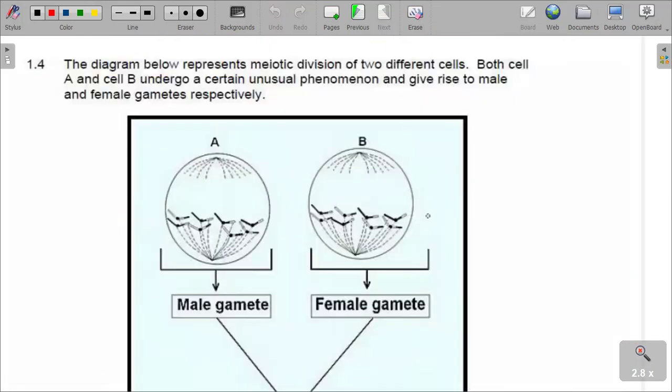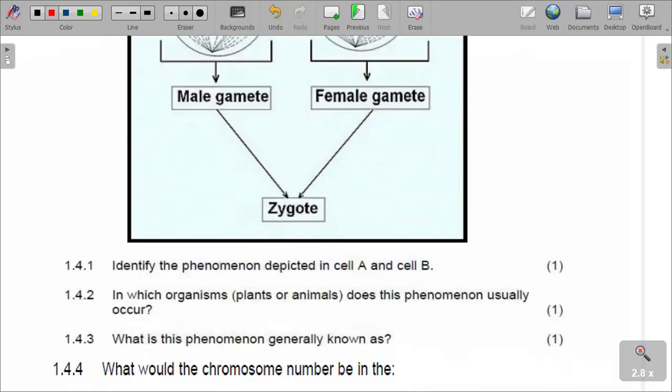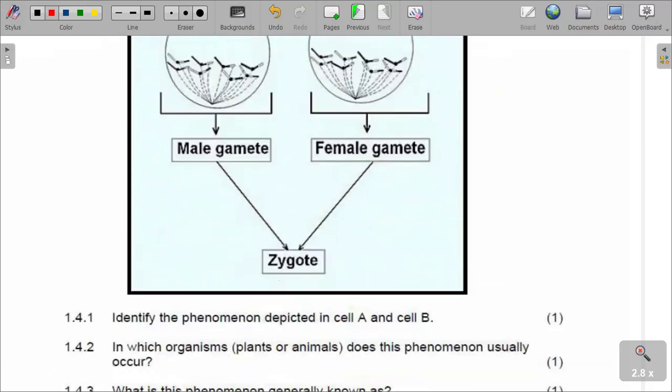The diagram represents meiotic division of two cells. Both A and B undergo a certain unusual phenomenon and give rise to male and female gametes respectively. And then the question is: identify the phenomenon depicted by cell A and cell B. What is the phenomenon represented by A and B?